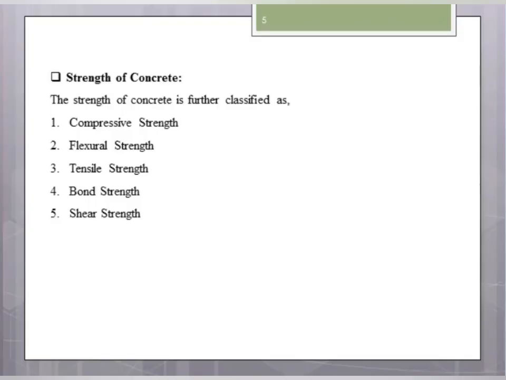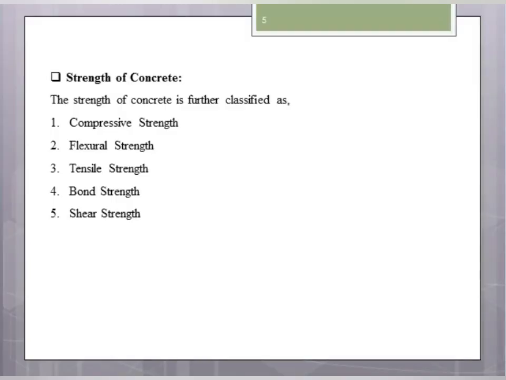Now, what are the different types of strength we will consider? Compressive strength, which is related to the general design of the concrete element. Then flexure strength and tensile strength.